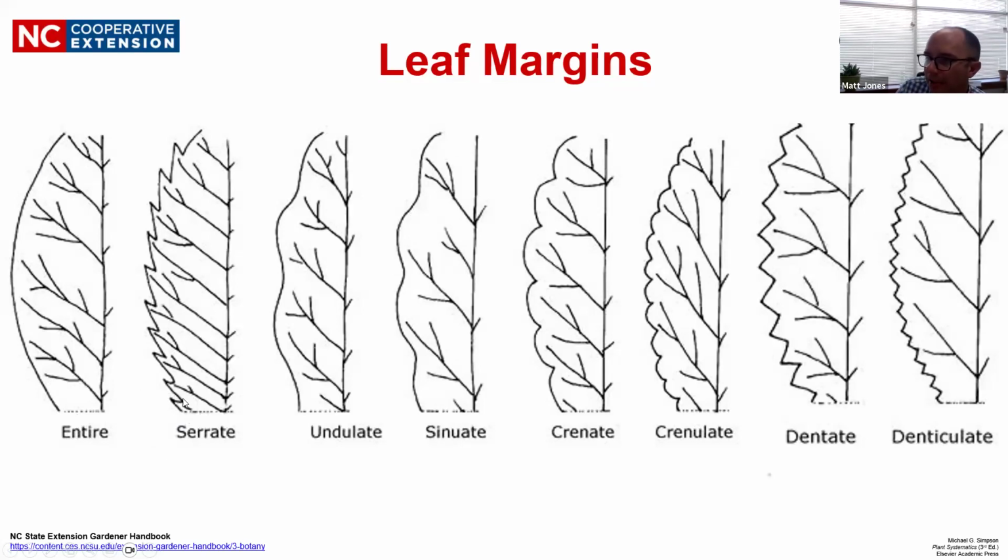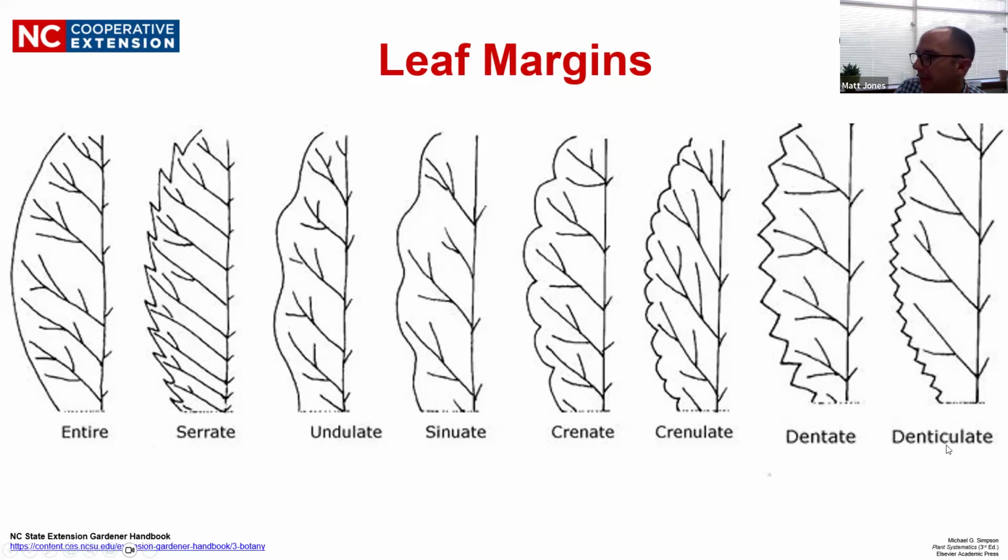A common type is a serrated margin. In serrated margins, the teeth basically point towards the tip. Contrast that to dentate margins, where the points of the teeth point outward and away from the leaf. So serrated is like a serrated knife. Dentate is more like shark's teeth.